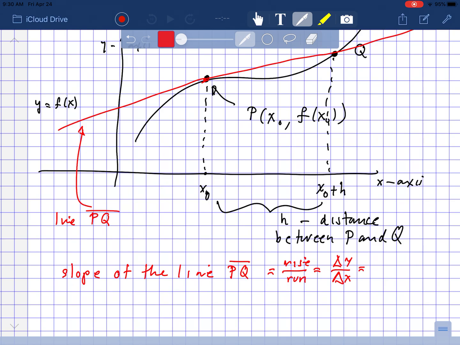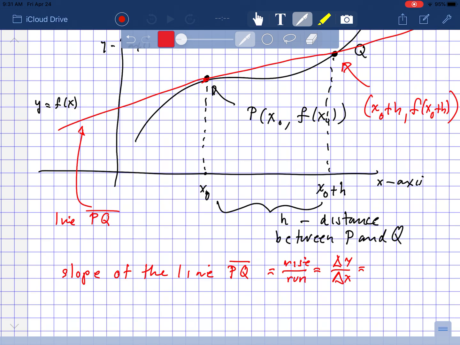So this is going to equal, well, what are the coordinates of the point Q? We know the x-coordinate of the point Q is x sub naught plus h, and the y-coordinate is going to be what? Well, it's just the value of the function f evaluated at x sub naught plus h. Okay? So we're looking at delta y.